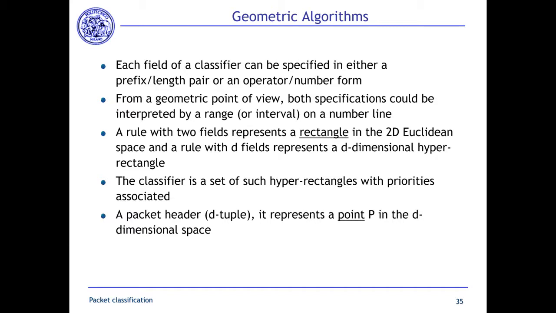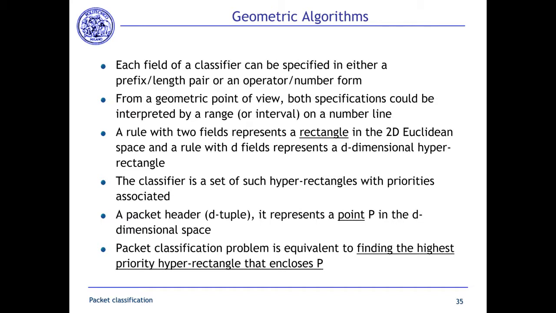So this translates into a point in this d-dimensional Euclidean space. So the problem of classification translates into finding the hyperrectangle which contains the point. And since you may have overlapping hyperrectangles, in order to decide what is the winning one, you have to consider also the priority. So at the end, the problem is to find the highest priority hyperrectangle which encloses, which contains the point.